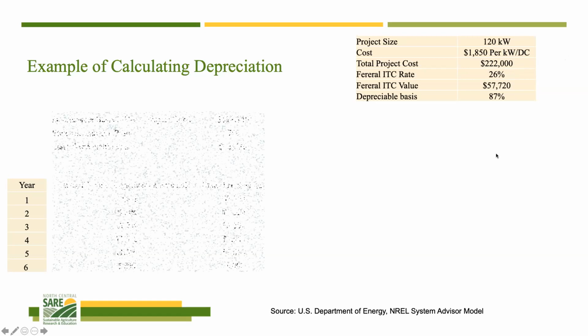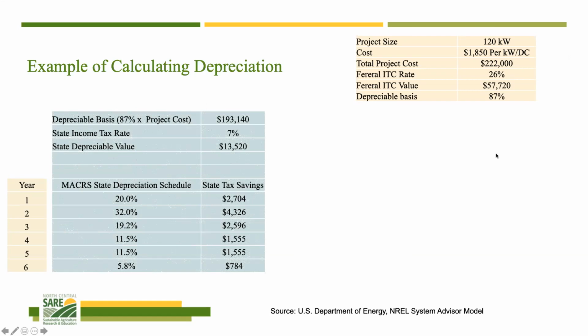So the first thing I want to look at is how we would calculate depreciation. And we're going to look at this both from the state level and the federal level. You'll see we have our different years here. We're going to be using, for the state calculations, the MACRS model on a 5-year schedule. The first thing that we need to do is calculate our depreciable basis.